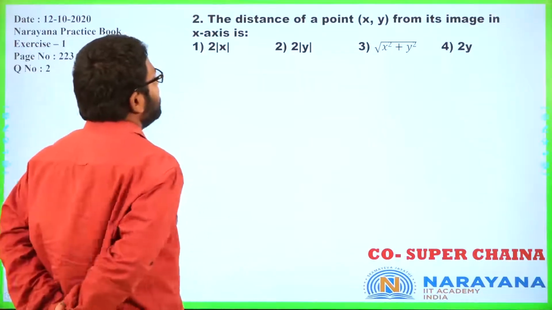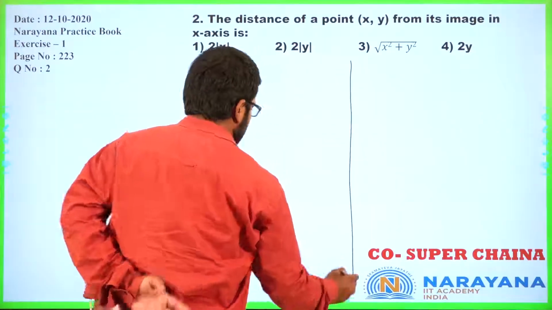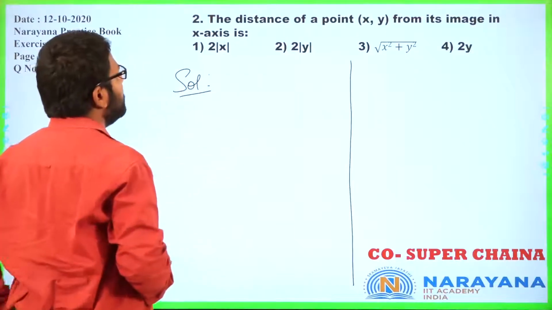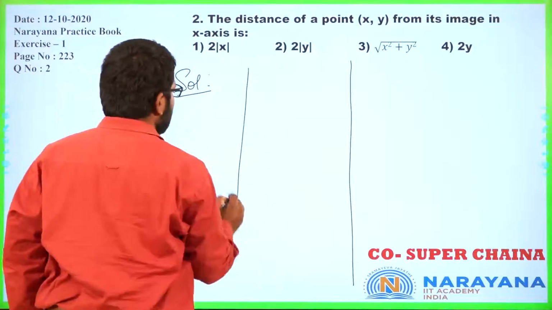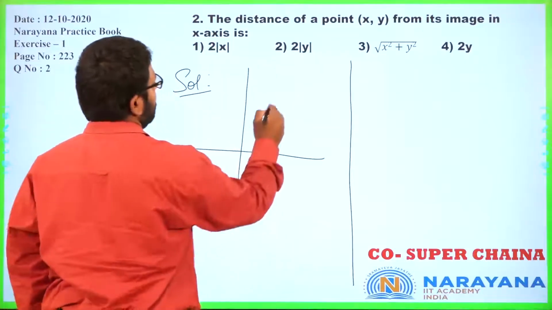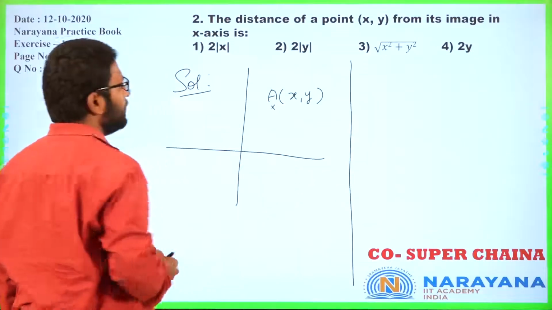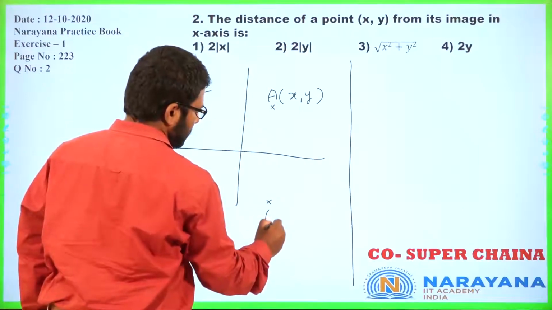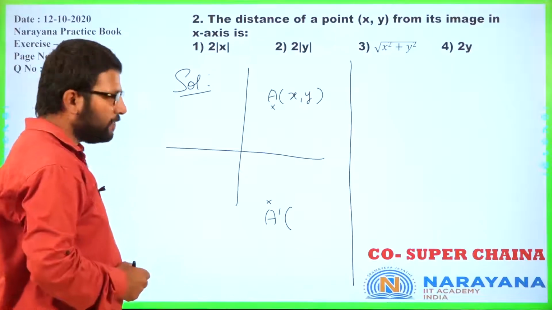The distance of a point (x, y) from its image in x-axis is what? So, the distance of a point (x, y) from its image in x-axis. Now, if you take any point (x, y), let us call it A. Then its image about x-axis, let us call this A dash, would be what?